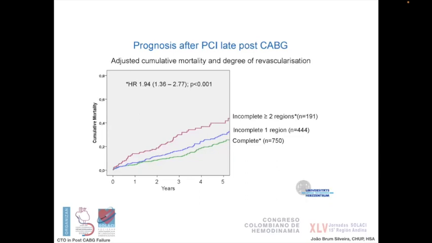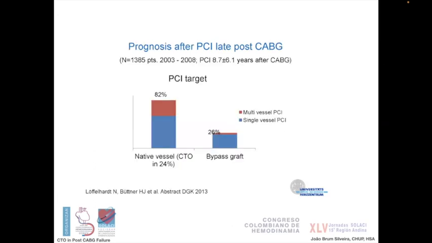Okay, what is the prognosis after PCI in this type of patient? It's very important to do the complete revascularization. If you look at the left, the cumulative mortality is bigger with incomplete versus complete revascularization, and whether you have one, two or more regions of incomplete revascularization. Sorry.